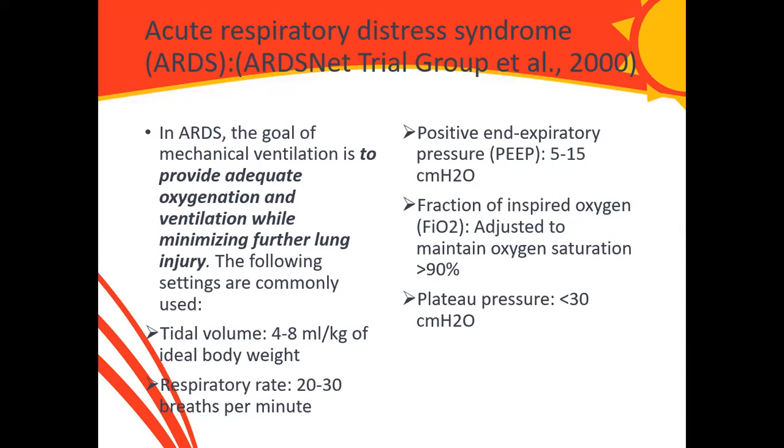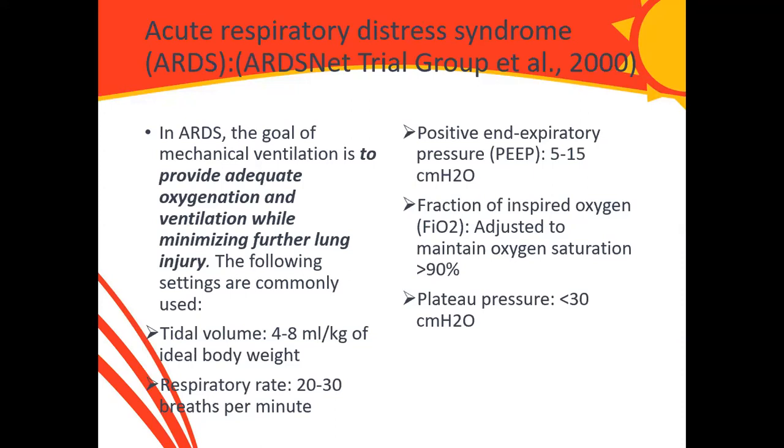For male, ideal body weight is 50 plus 2.3 multiplied by height in inches minus 60. That is the ideal body weight, and that's what you should use in deciding on your tidal volume.